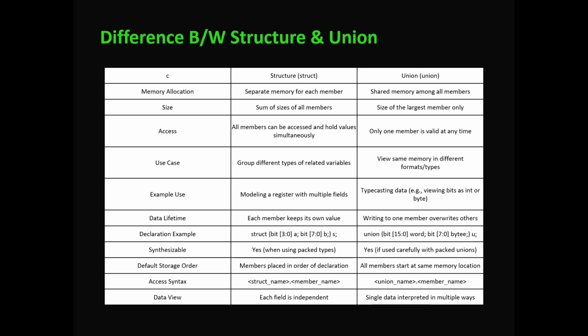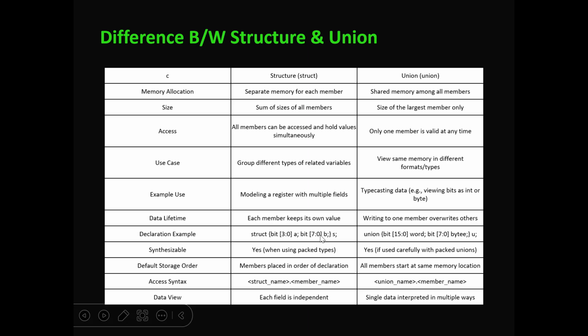Now data lifetime: each member keeps its own value. We have seen in the coding also that each member in a structure keeps its own value, whereas in a union the value gets overridden. Okay, now this is the declaration syntax. We have already declared it, so it does not need to be explained, and both are synthesizable.